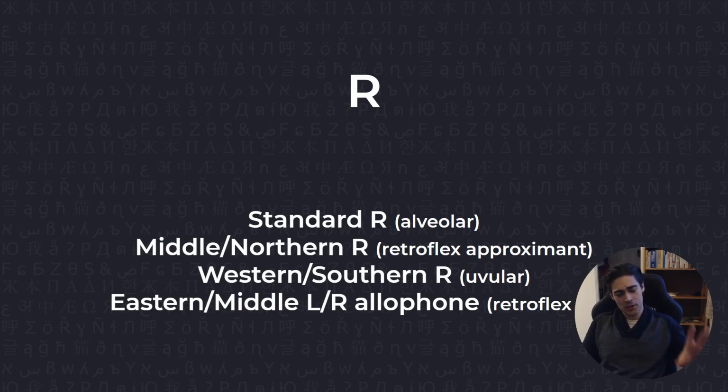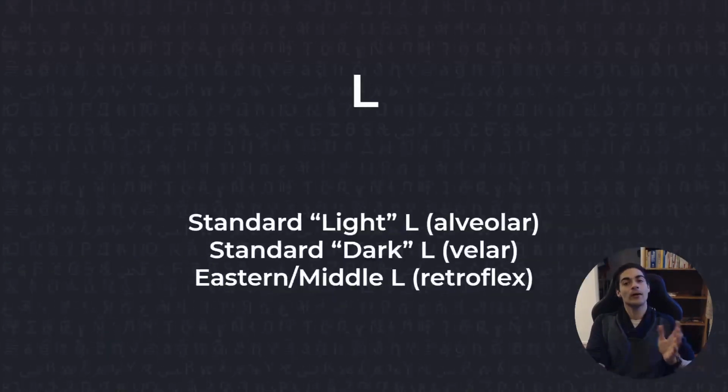In standard Norwegian and all the other dialects, it would be pronounced just as an R. For example, the word table, in standard Norwegian and most dialects, it would be pronounced bord, but in some eastern and middle dialects, they would pronounce it bord, kind of like Indian sounding. It's like a mix between the American R and L, but you use it as a flap, like a bord. It's not used that often, but you'll hear it in a lot of dialects for another sound, which we're going to get to now, L.